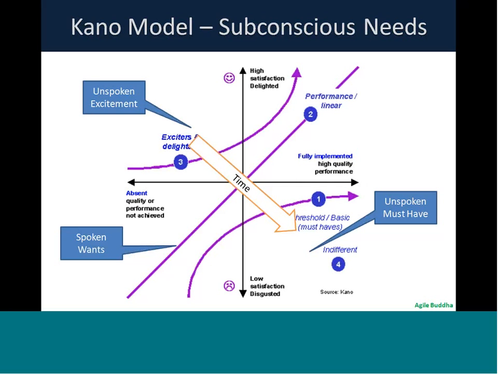But is it a differentiator anymore? Now everybody, the neighbor sitting next to you, is talking about faster time to market or reduced cost of development. Those were delighters probably five years back, but they are no more. They have become linear or must-have features.